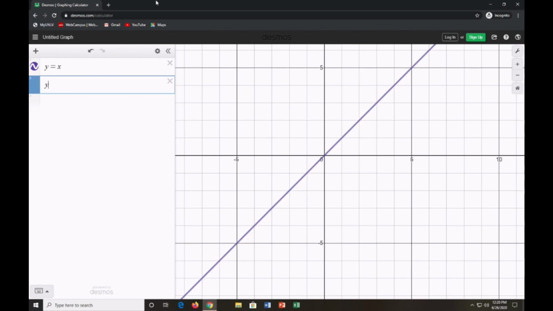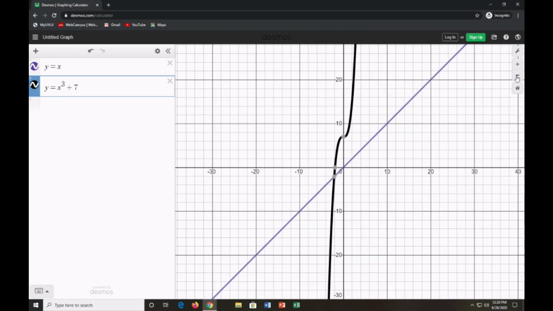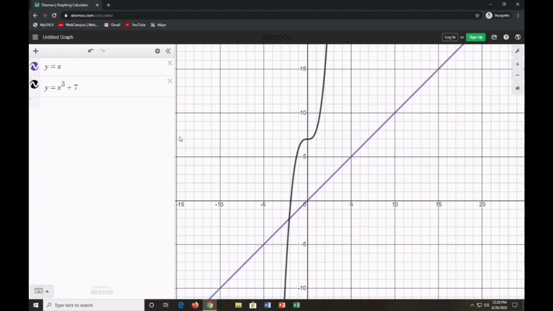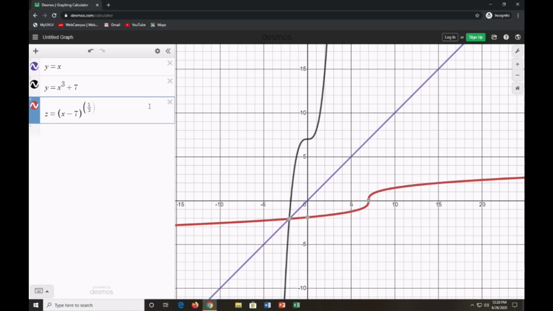So we have y equals x cubed plus 7. Let me zoom out so we can see this better. So this is the original function, f of x. And then the inverse function, let's call it z. So z equals, and we had (x minus 7) to the 1/3 power, like that.